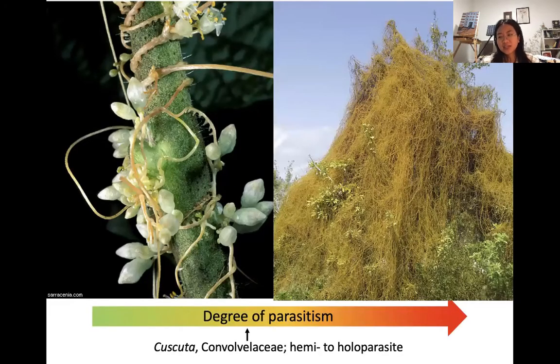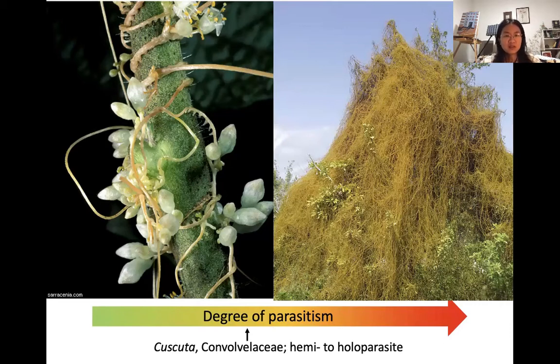And then a second parasite I want to introduce here is the dodder. The scientific name is Cuscuta. It's a genus within the Convolvulaceae, the morning glory family.